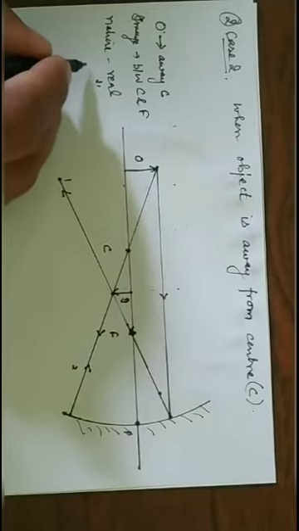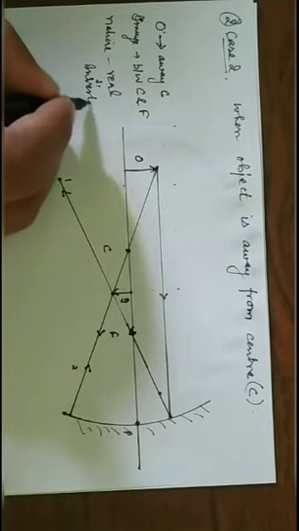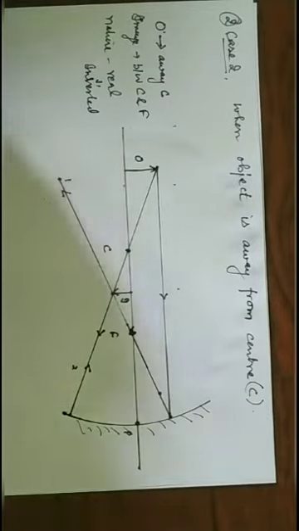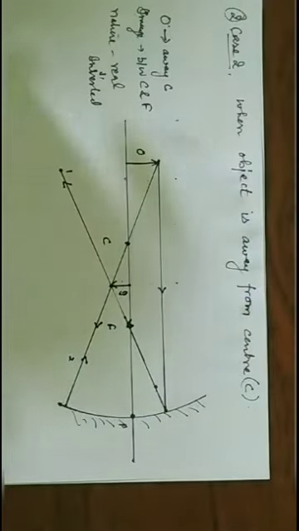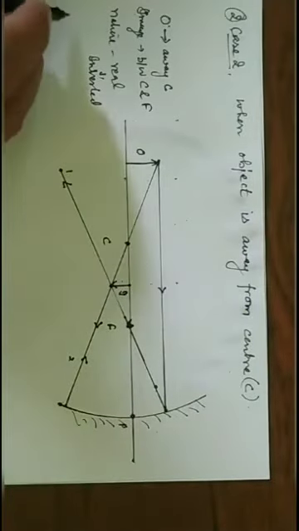Real images are always inverted. From here you can see the arrow is upward and the image arrow is downward, so it is inverted.